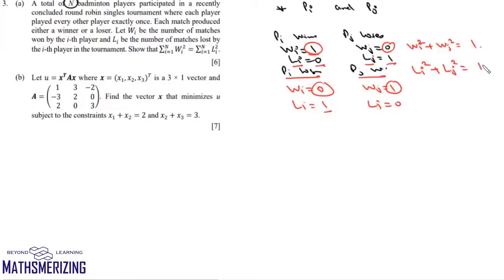So no matter who wins, the sum Wi square plus Wj square is equal to Li square plus Lj square. Now if we consider all the matches between all the players, then we can simply say that summation Wi square must be equal to summation Li square.